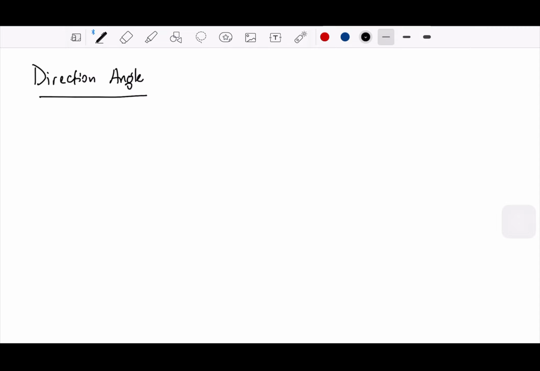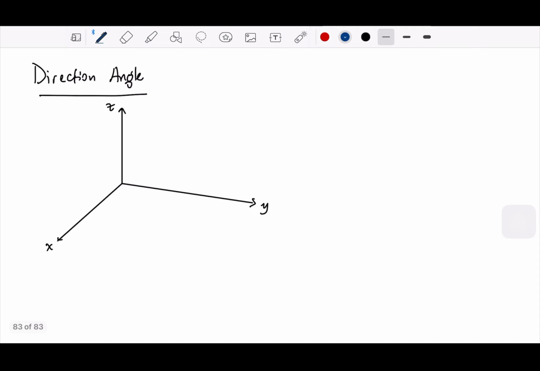So direction angle, if we take a look, okay, let's say we have a vector that is going to be here.